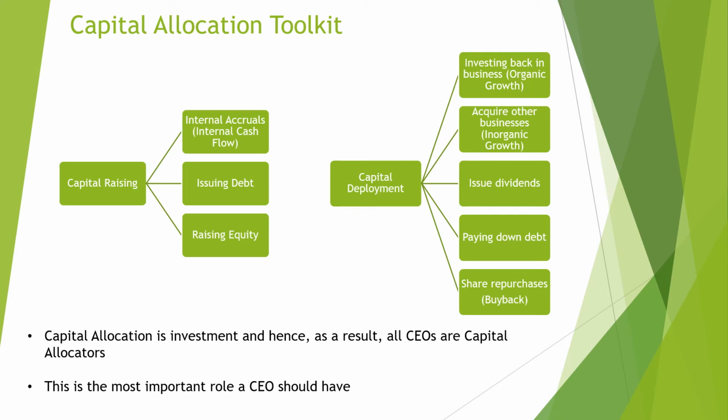Now, coming to the right-hand side of this slide, which is the capital deployment, this is where the capital allocation skills of the managers of a company get checked: whatever decisions they take with the capital, do they make sense or not.